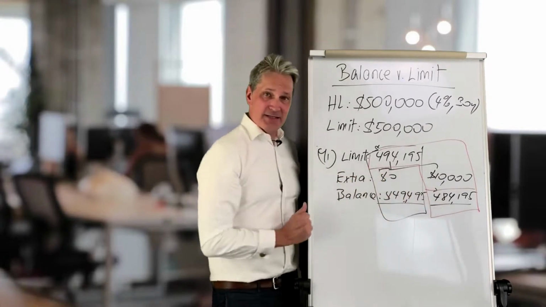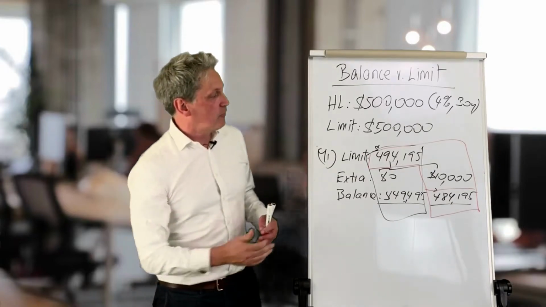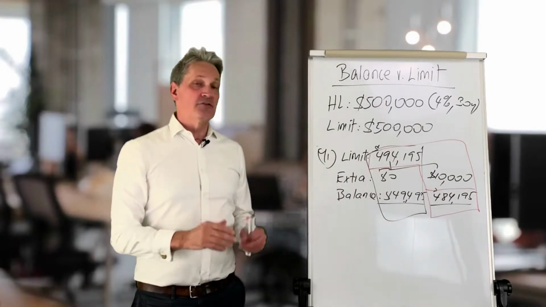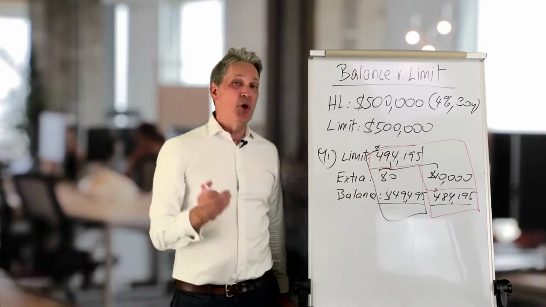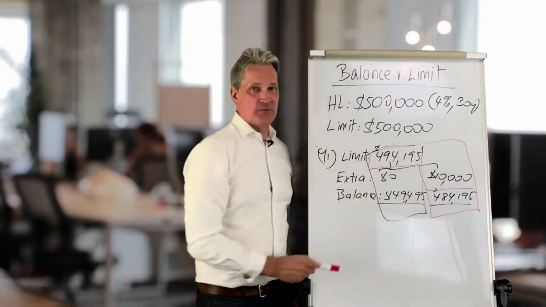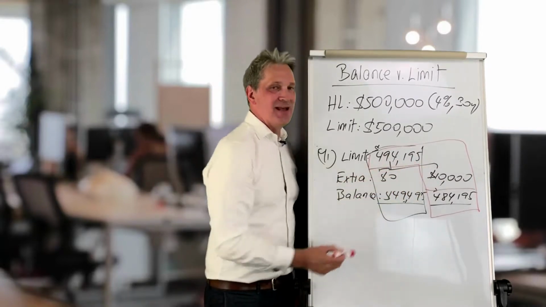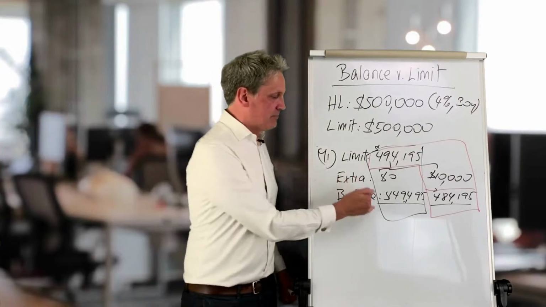If you don't want to do that and you want to refinance at $494, what you need to do is make sure the bank understands we are refinancing at the limit. Or if you want to be doubly sure, you take that money out of the account before settlement. So you force the bank to refinance you at the limit. All right, so understand that. It's really about understanding the difference between the balance and the limit.